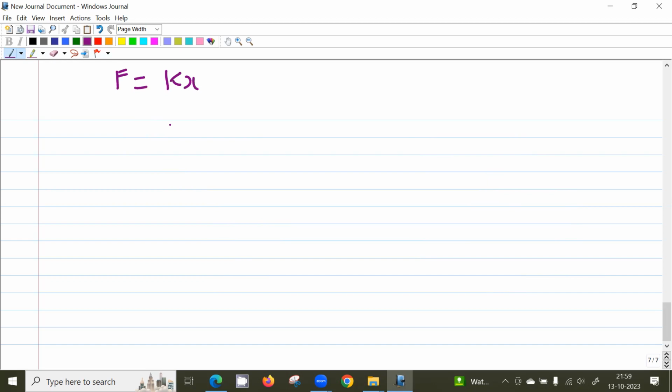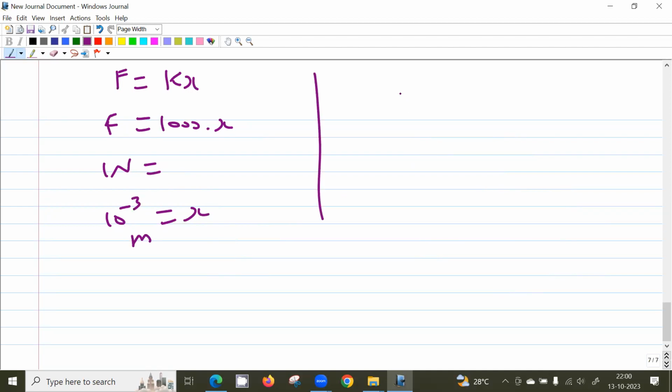So F equals K into X. Okay, let me assume F is 1000 into X. If I apply a force of 1 Newton, then X is 10 raised to minus 3 meter. But suppose I have a second spring where F is 10x, where K is 10.